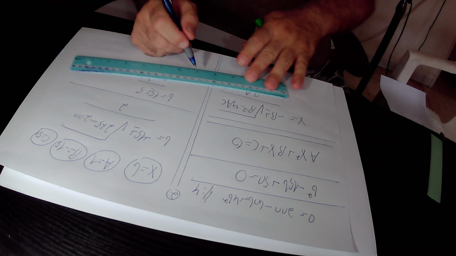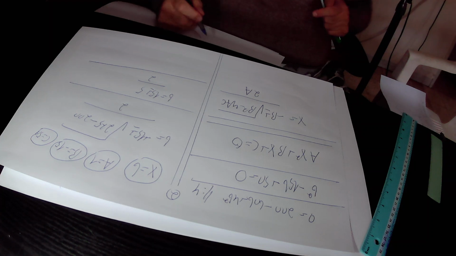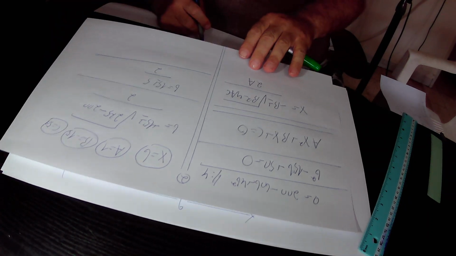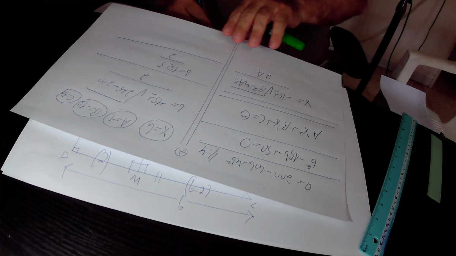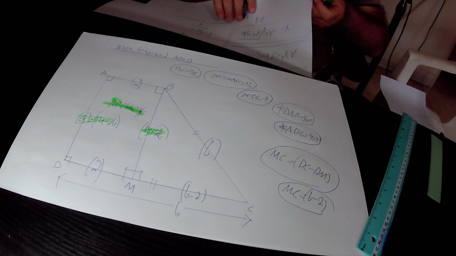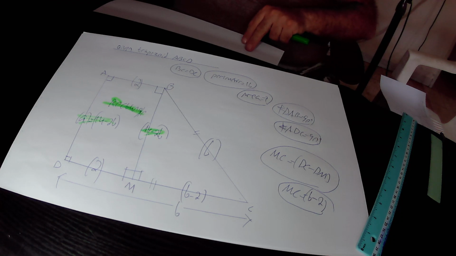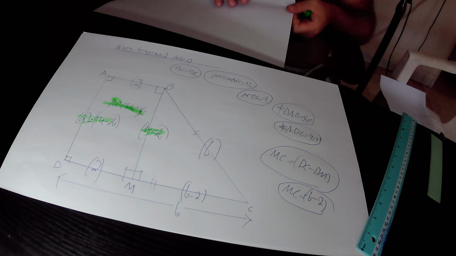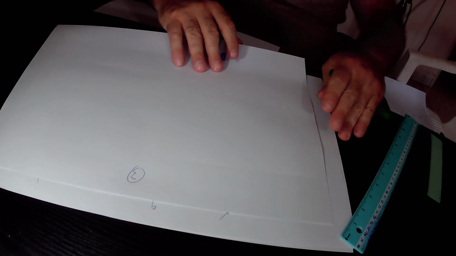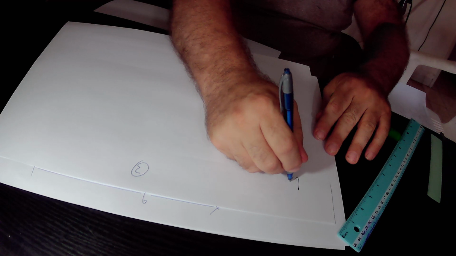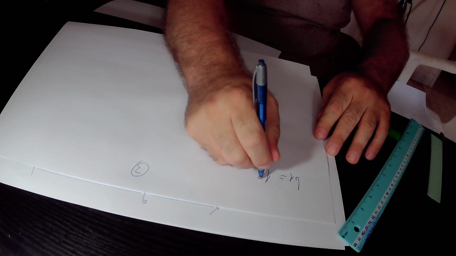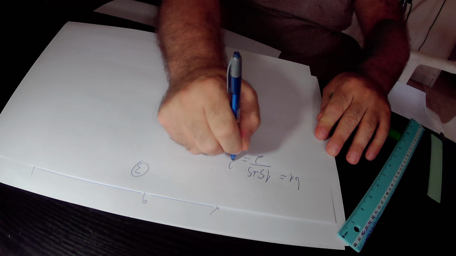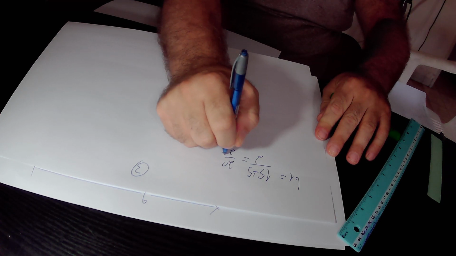So here we have two possible solutions for b. We define the first solution as b1 and the second solution as b2. The first solution for b is b1, that is equal to 15 plus 5 over 2. 15 plus 5 is 20, and 20 over 2 is 10.